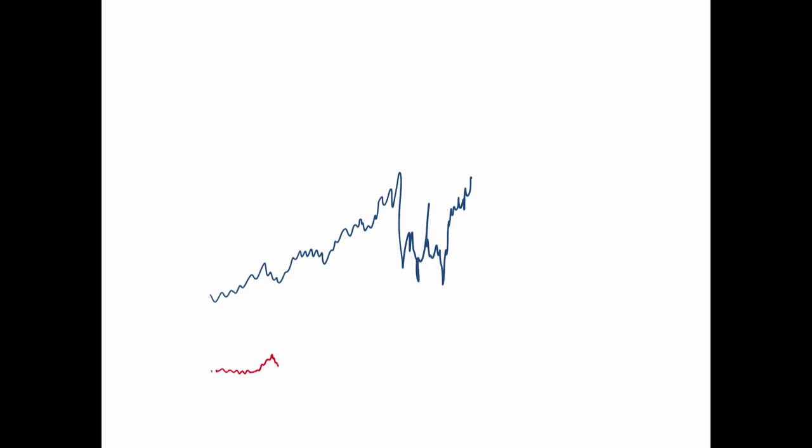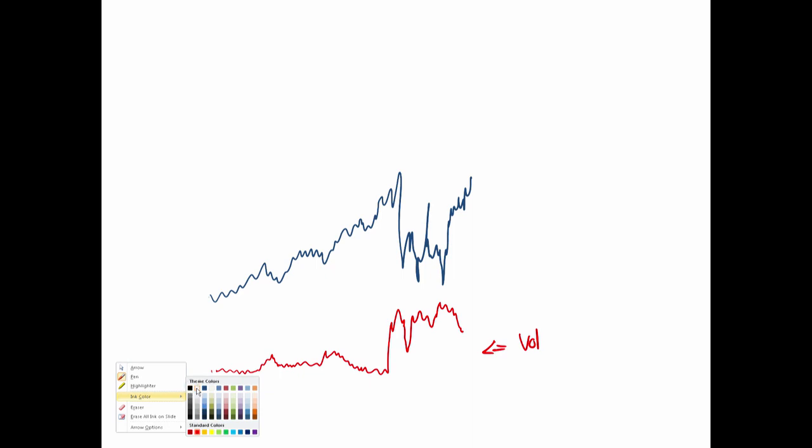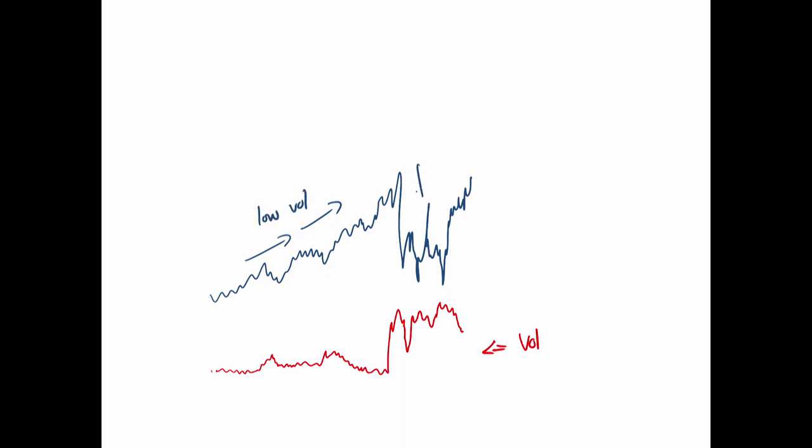There's a bit of a vol spike there, then back to low again, then a bit of a spike, then nice and low again, and then suddenly volatility breaks out, stays high for a bit, and who knows? Will it come down or will it continue to break up there? This is what volatility would look like if you looked at the volatility of these returns. In other words, there seems to be an inverse relationship between price and volatility. That's what I'm trying to say. Prices go up slowly, with low volatility, and then they go down quickly.